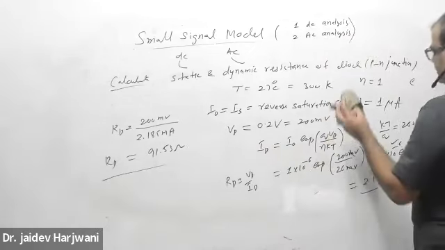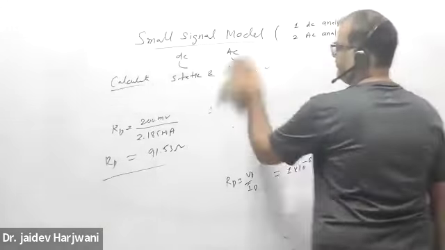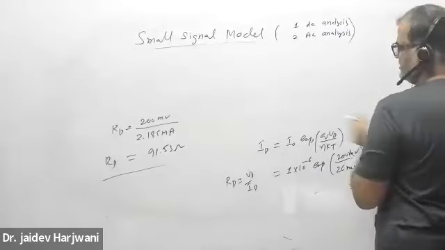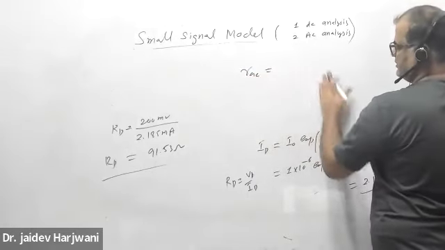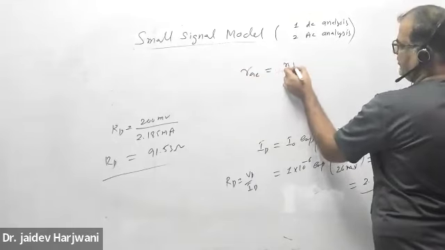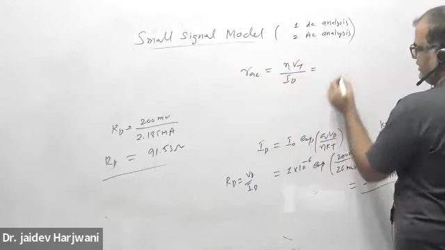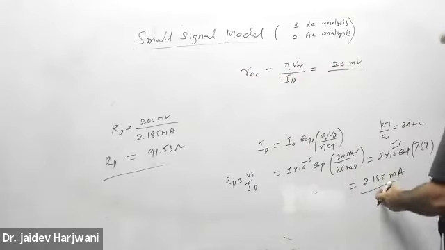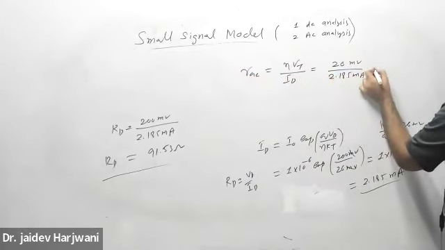Now I want AC resistance. What is the formula for AC resistance? This is eta Vt upon Id. Eta is 1, Vt is 26 millivolt, and the current Id is 2.185 milliampere.